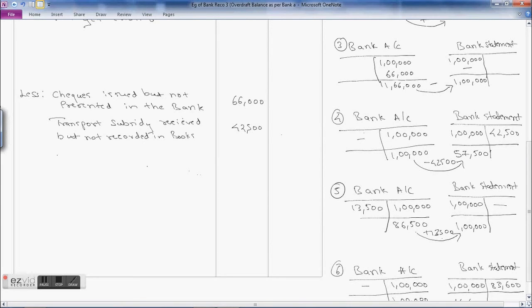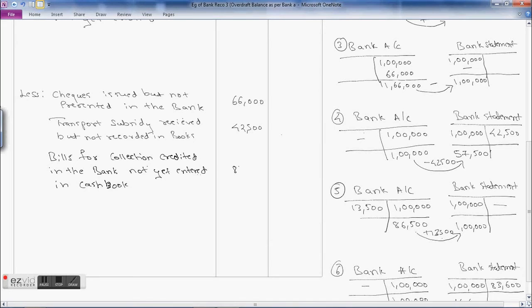So in our bank reco, we'll write as: bills for collection credited in the bank, not yet entered in the cash book also, we can say.